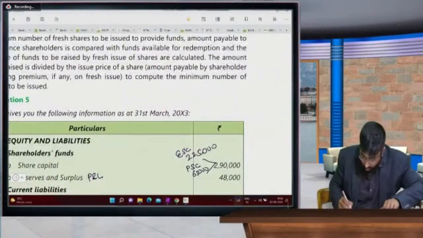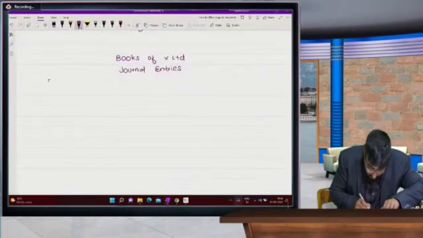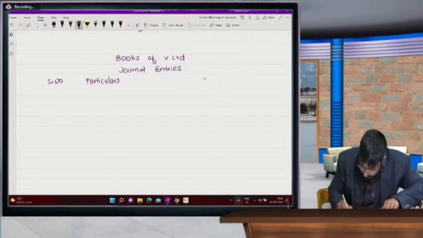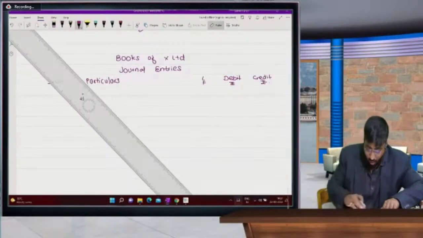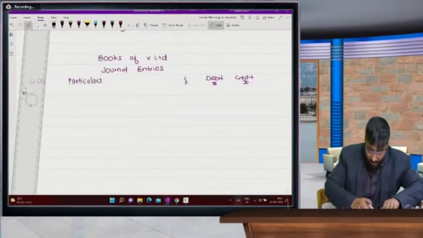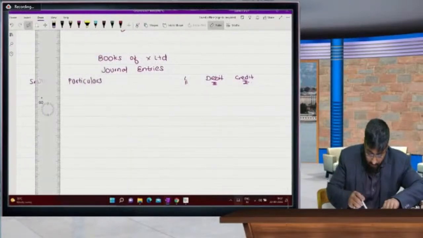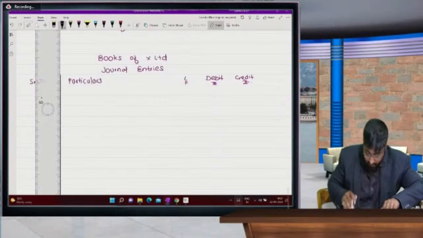Date column is not there. Serial number. Particulars. LF. Debit rupees. Credit rupees. Draw it fast for one page.